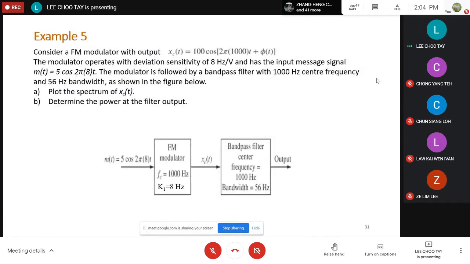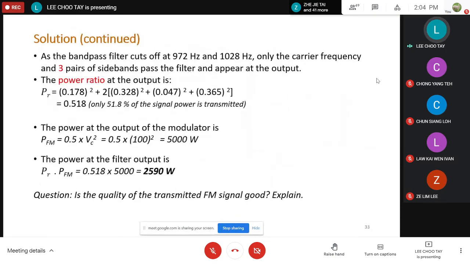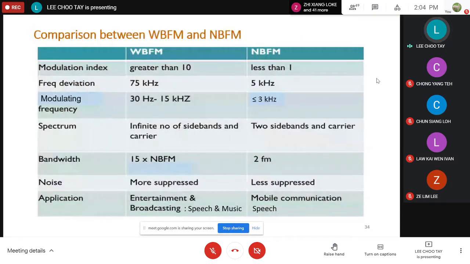So recall from last lecture where we talked about wideband FM. This slide basically shows you the comparison between the wideband FM and narrowband FM. As far as modulation index is concerned, the wideband FM has a very big modulation index.